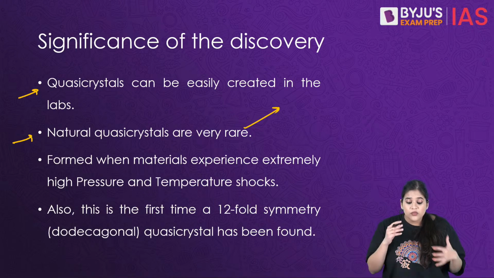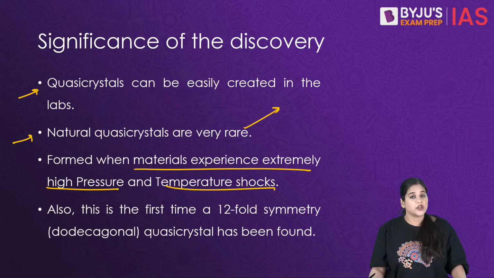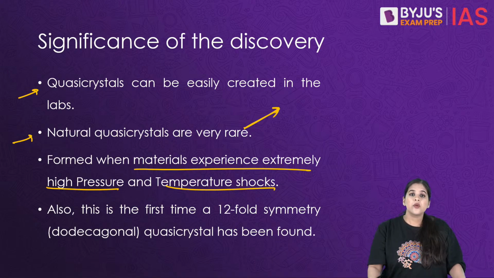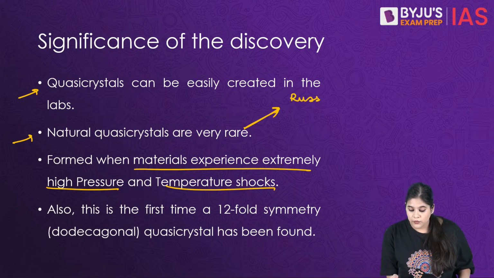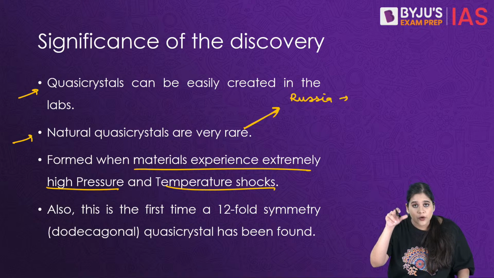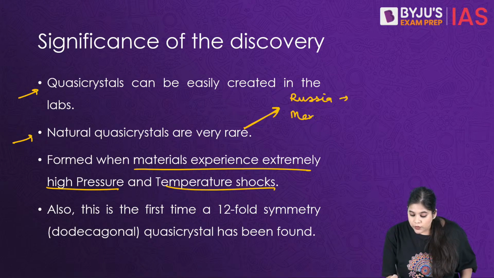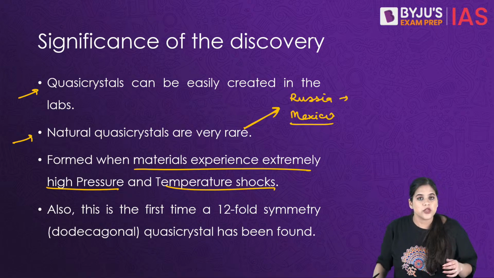They require an extreme amount of high pressure and temperature shocks for their production. So that is why up until now, in only 2 places it was found: in Russia after a meteoroid crashed over there, and in Mexico after a test nuclear explosion.